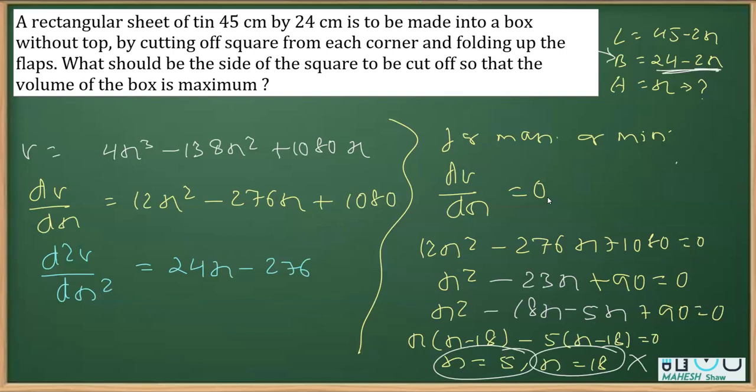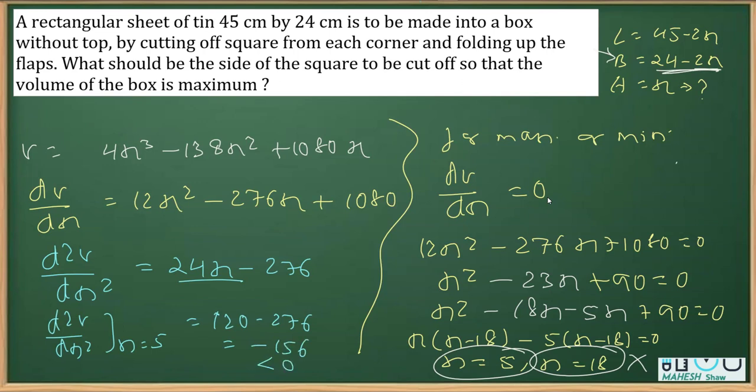But then we have to show that x is equal to 5 gives the maximum value. Using the second derivative test, d squared V by dx squared at x equal to 5: if I plug in 5, 24 into 5 is 120, so 120 minus 276 gives minus 156, which is less than 0.